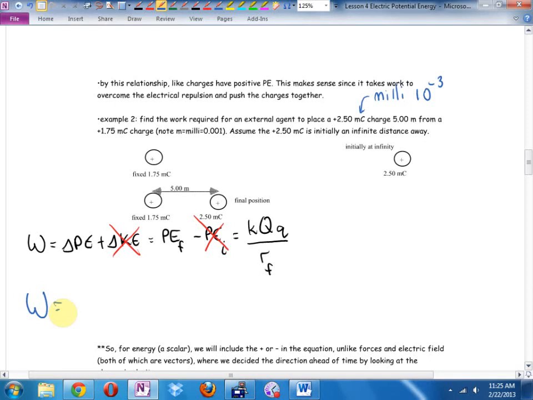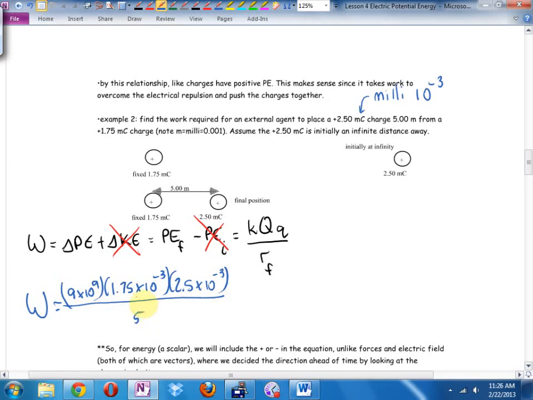Speaking of K, what's K? 9 times 10 to the 9th. Big Q is the fixed charge, 1.75, not micro, milli, 10 to the negative 3. Little q is the moving charge, 2.5 times 10 to the negative 3. All over.